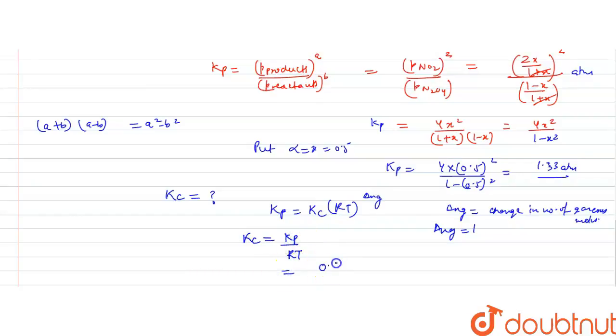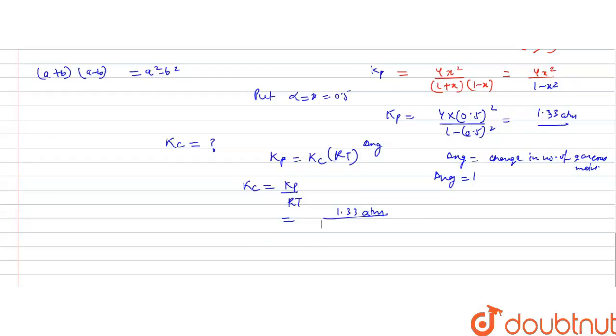So Kp we have 1.33 atmosphere, divided by R, that is the gas constant, whose value is 0.0821 liter atmosphere per mole per Kelvin, into temperature, that is given as 373.5 Kelvin. So atmosphere is cancelled, Kelvin is cancelled by per Kelvin.